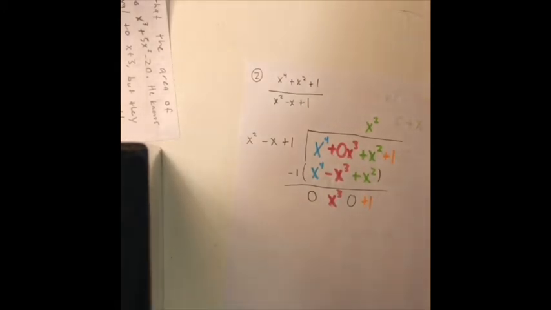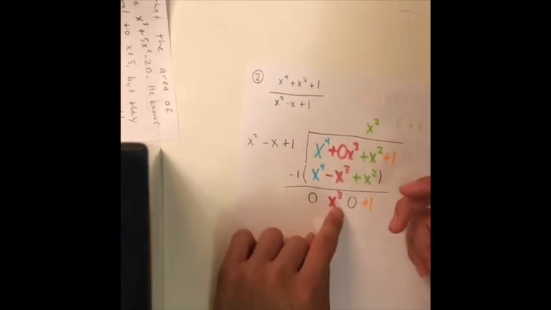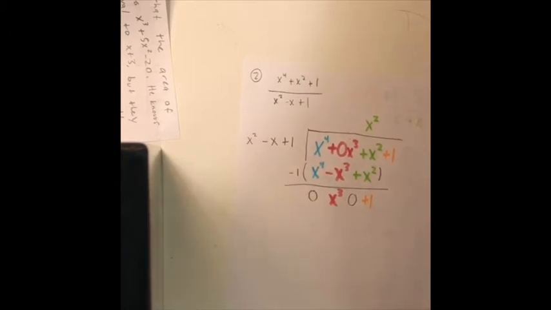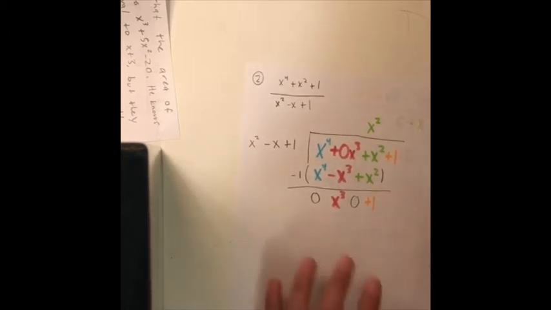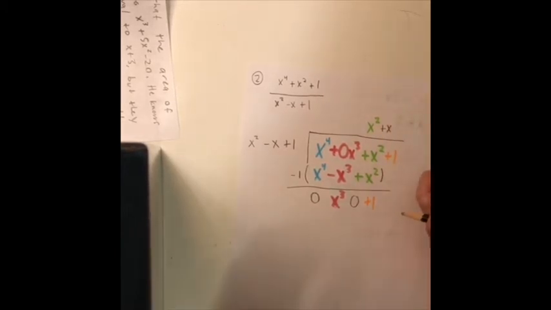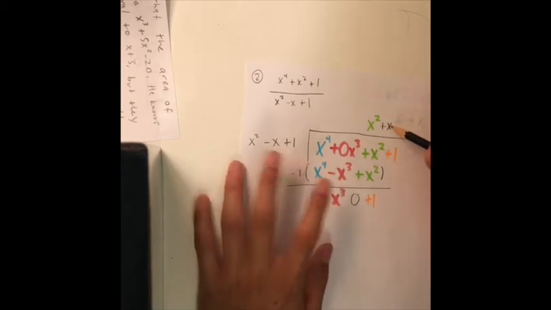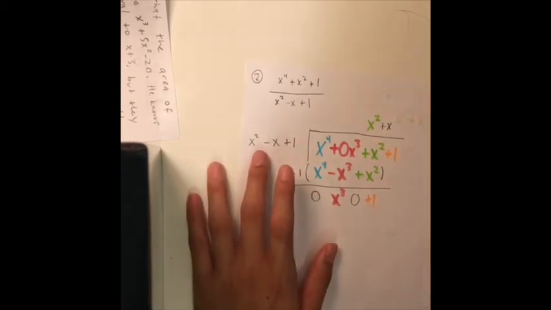So you see, how many times does x squared go into x cubed? It goes into it x times. So you write x up here plus x. And then we multiply x by each term in this expression. So x times x squared is x cubed.